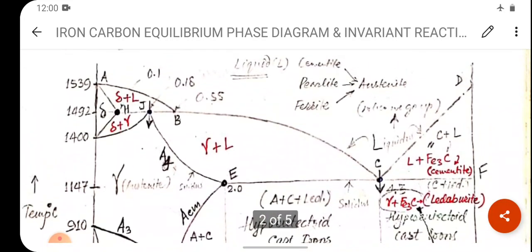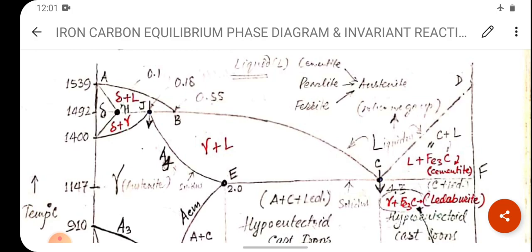So see this, here I am starting from point A. So A to B, B to C, C and C to D. Above this line, considering it is a common line or one line, above this line the iron is in liquid state. So this is liquidus line.